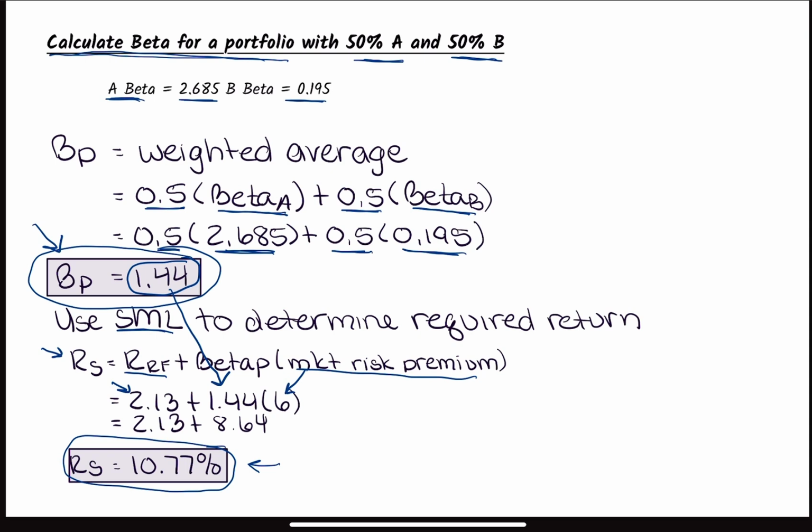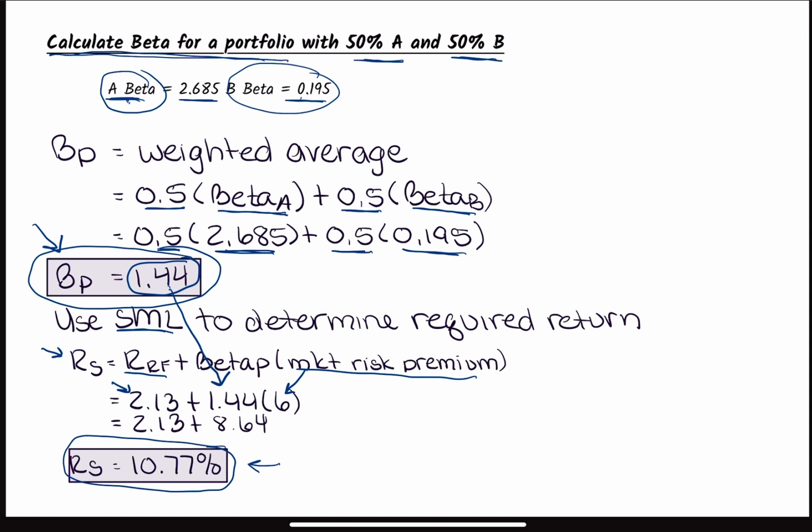Okay, because it's based on the portfolio having 50% of A and 50% of B. So it brings down the risk a little bit from stock A, but it brings it up a little bit because of stock B. Okay, so we're kind of averaging it out a little bit. So it's less risky than just having A by itself. It's a little bit more risky than having B by itself. But that's how you calculate beta for a portfolio.